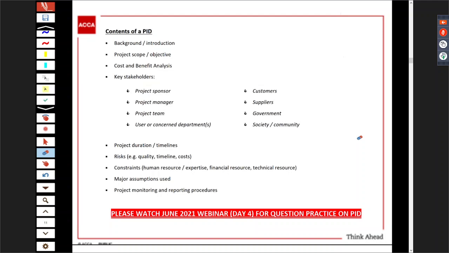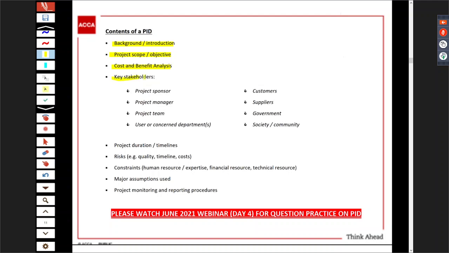So what are the basic contents of a PID? It should always start from a background or introduction. Then most important is the project scope and objective. What is the purpose? Why are we doing it? High level costs, what it will cost, and then the future benefits like NPV, IRR, all those feasibilities will be calculated.